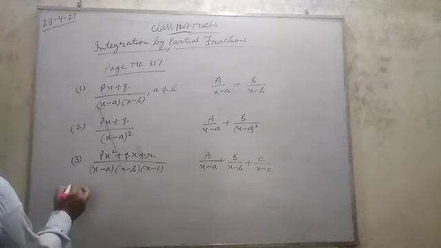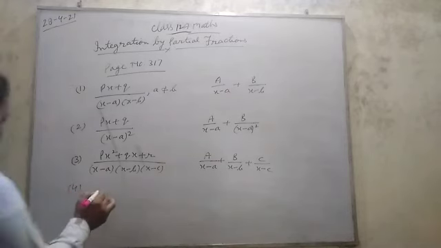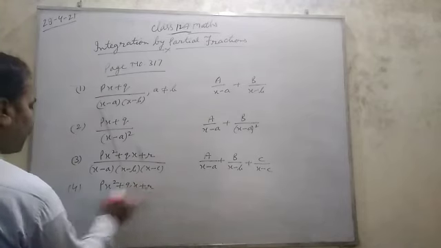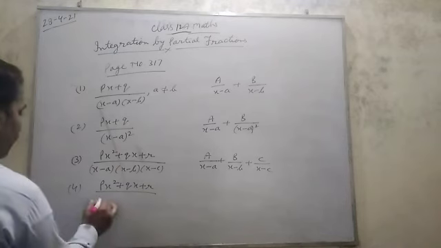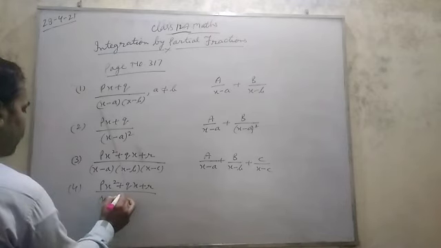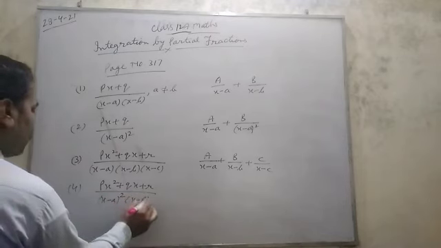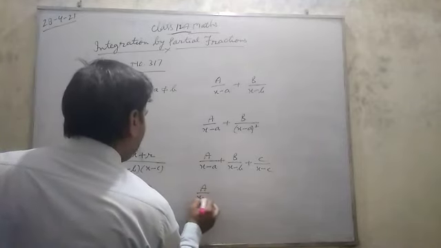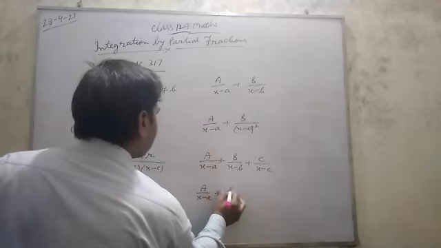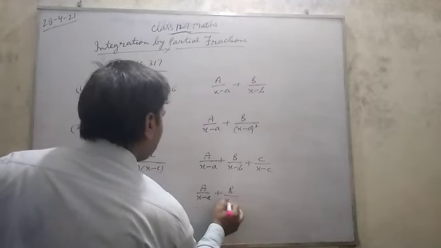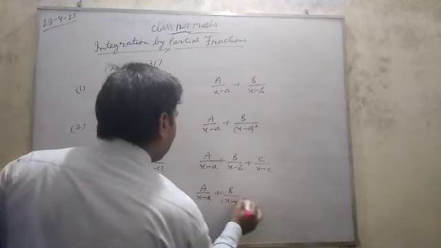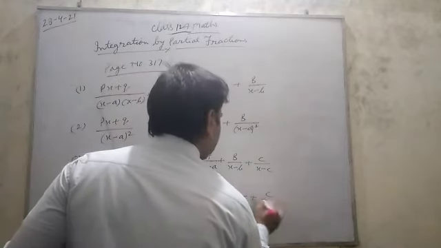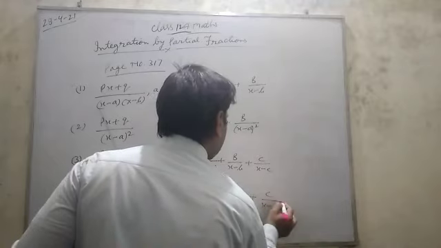Fourth form, (px² + qx + r) upon (x − a) whole square into (x − b). So A upon (x − a) plus B upon (x − a) whole square plus C upon (x − b).